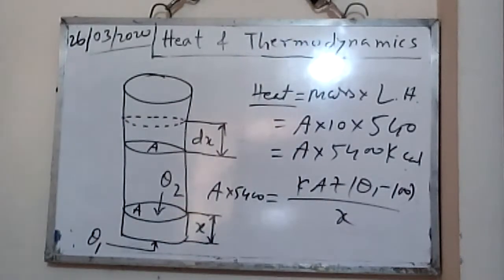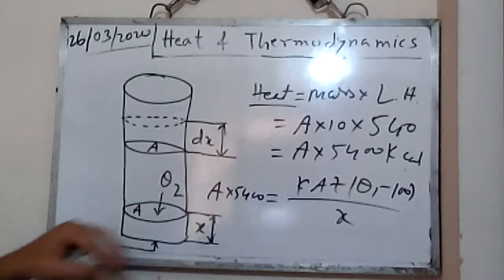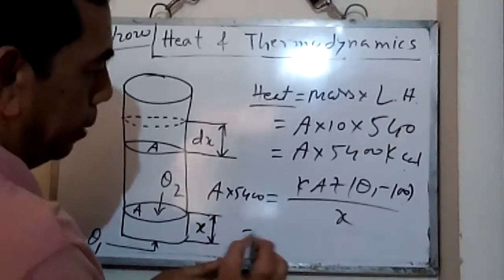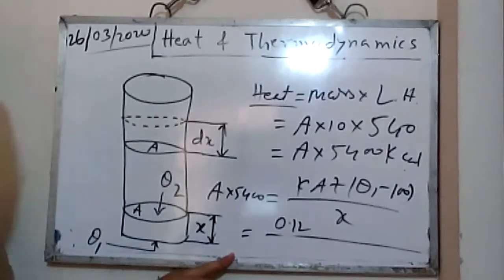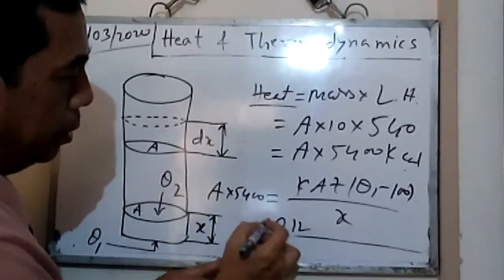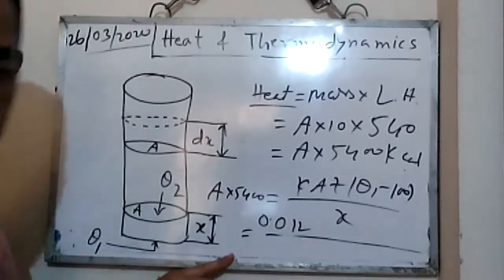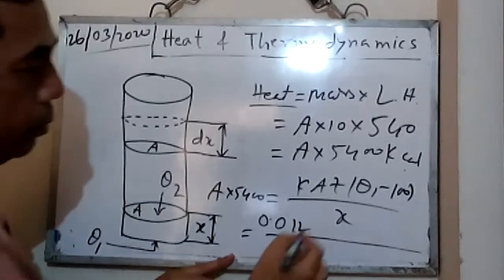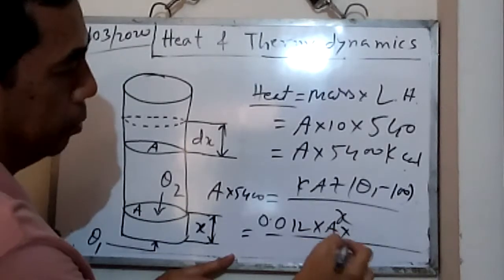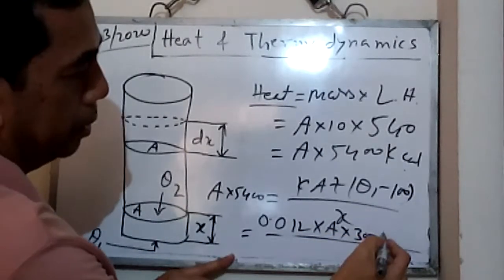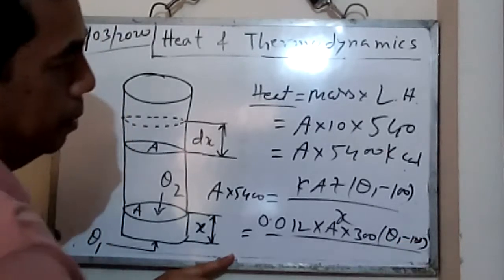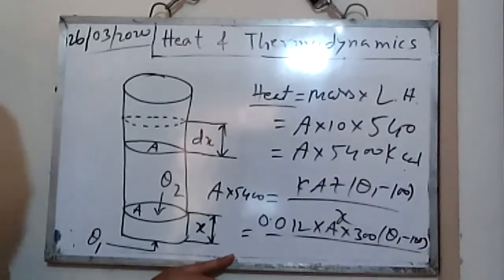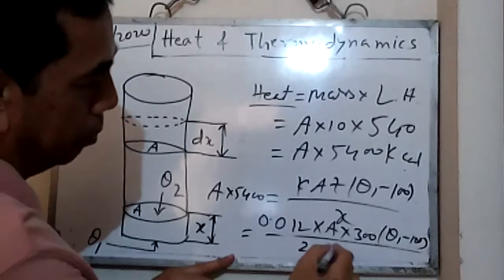Then K is given, 0.012, into A into time 300, theta 1 minus 100, and X is given 2 into 10 to the power minus 3.